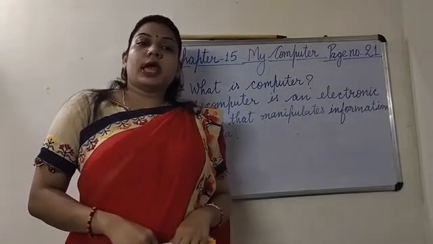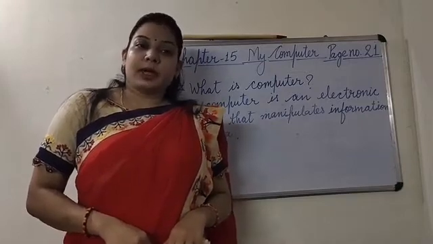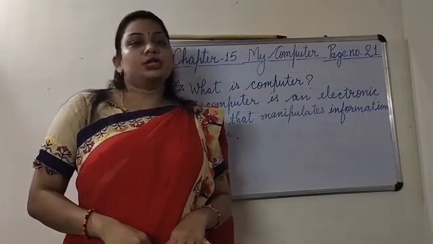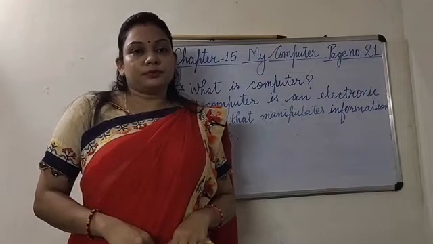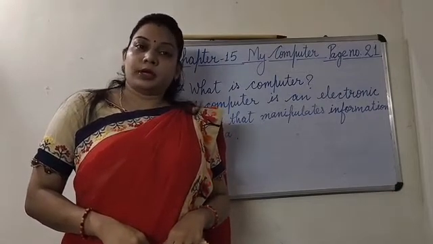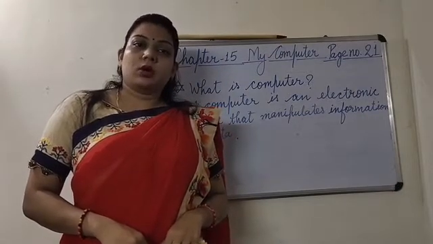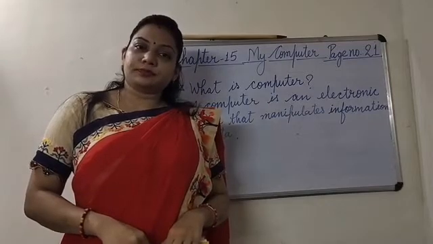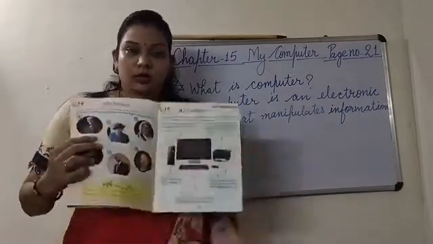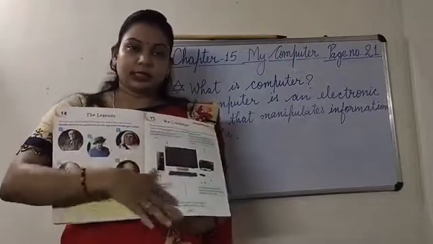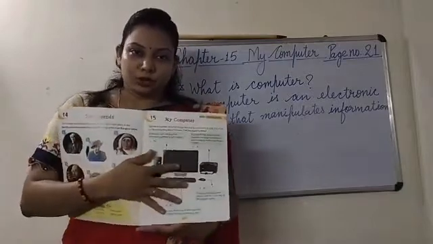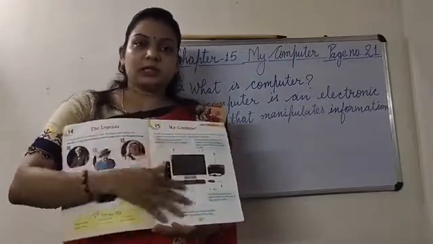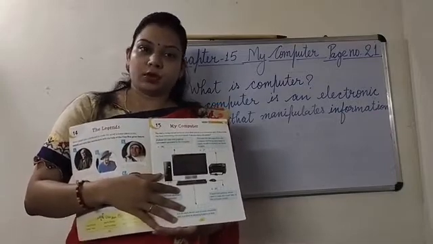But we can take the printout of whatever is showing on the computer. We can take printout on the paper, on an A4 sheet paper. Like this is the printout.